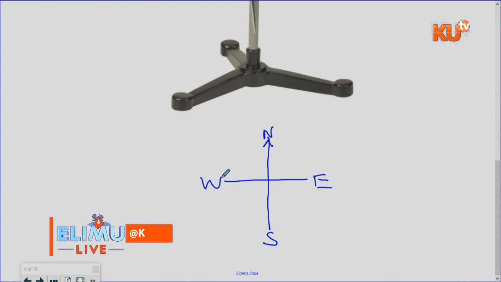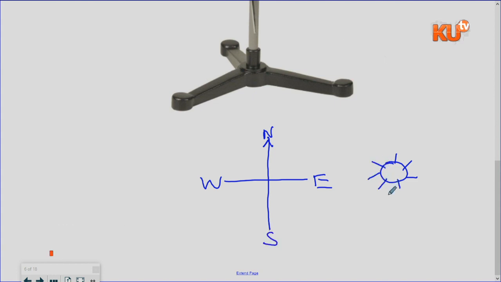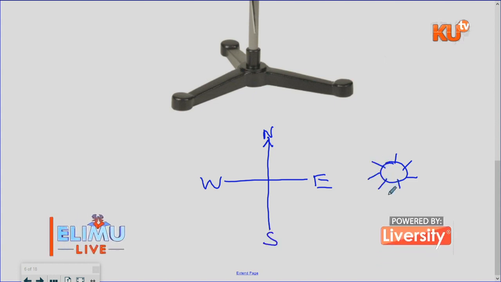Now there are specific things in the question that you need to focus on. Number one, Mary was walking to school one morning. What comes to your mind if it's in the morning is the sun. And we know the sun rises in the east and sets in the west. So if it was in the morning, the sun was on the eastern side.